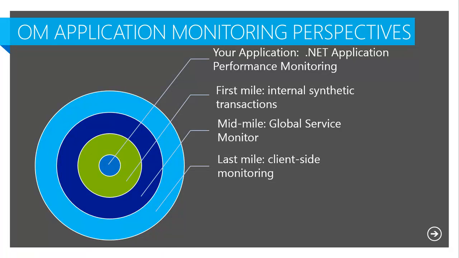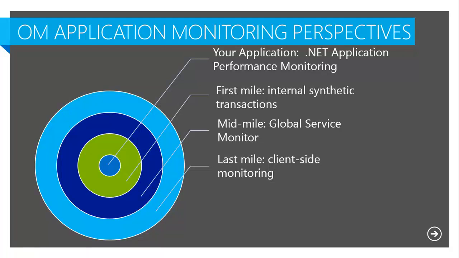For example, you may have a database component, or you may have an internal web service which feeds data to your application. If you view your application at this level, Operations Manager provides internal synthetic transactions for monitoring. You can configure internal synthetic transactions which will monitor the health of each individual component.